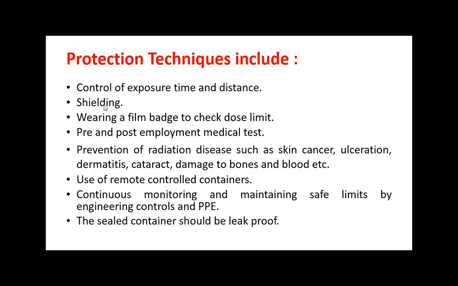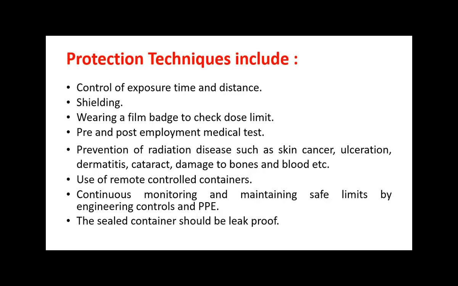Then shielding. So we can use some of the personal protective equipment, that is called a whole body apron, like the COVID apron, which is used by the health workers. But for this radiation shield, if you observe in government organizations or government hospitals, nowadays also they are using full body shielding aprons to protect from these radiations.